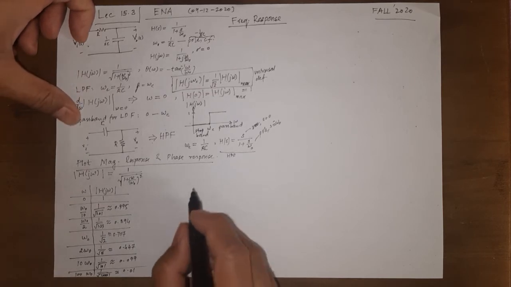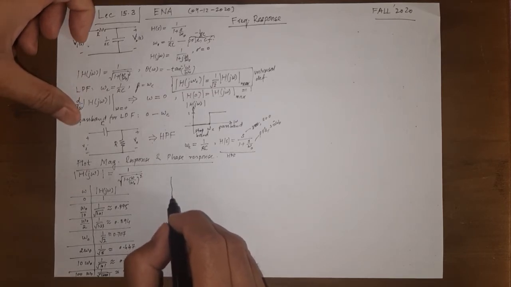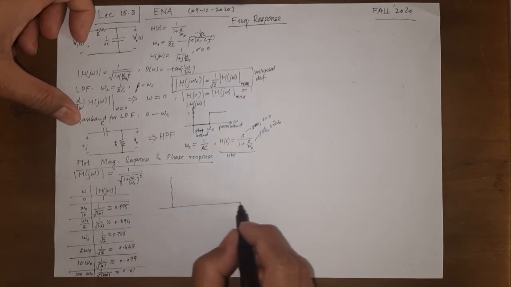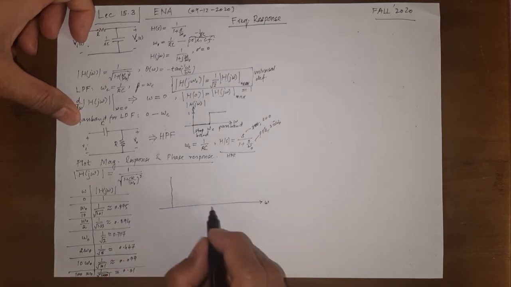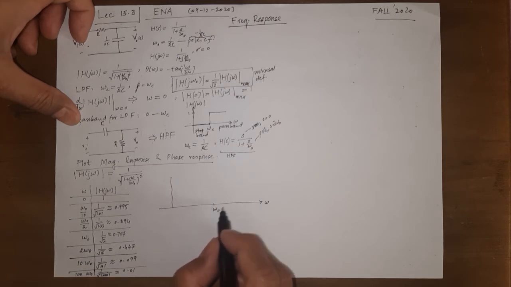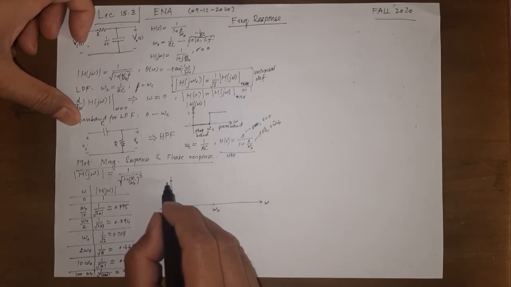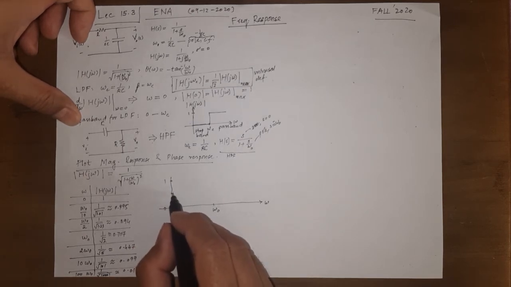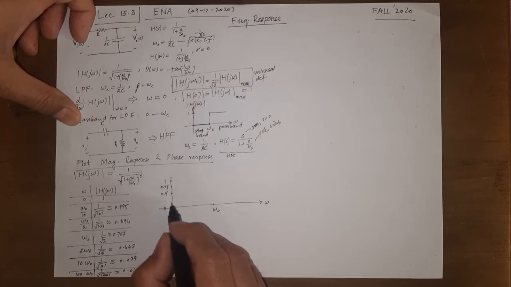So if we try to plot these values, which are all positive, we have omega here and say this is omega naught, and we have 1 here and 0 here, obviously 0.5 here, 0.75 here, 0.25 here.